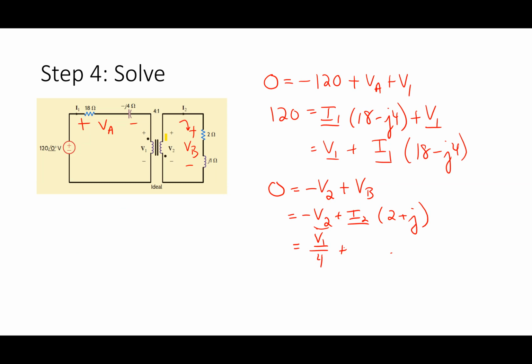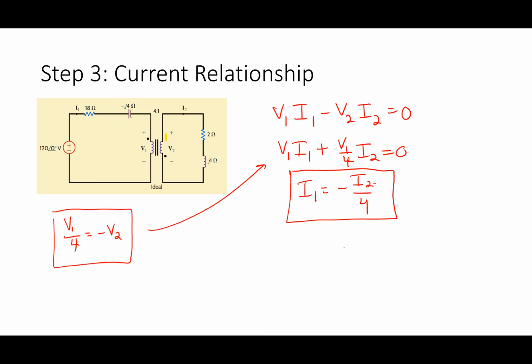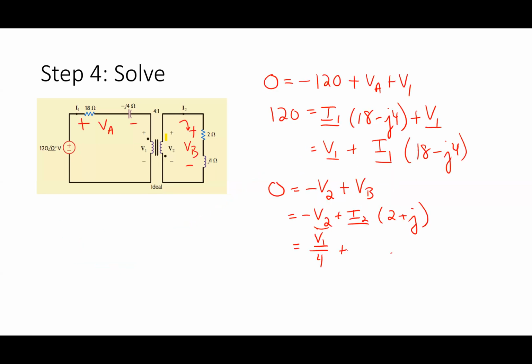What do I do with the I2? The I2 is equal to negative 4 I1. So this becomes negative 4 times 2 plus J times I1. Now I have two equations and two unknowns, and I can solve that properly, right?